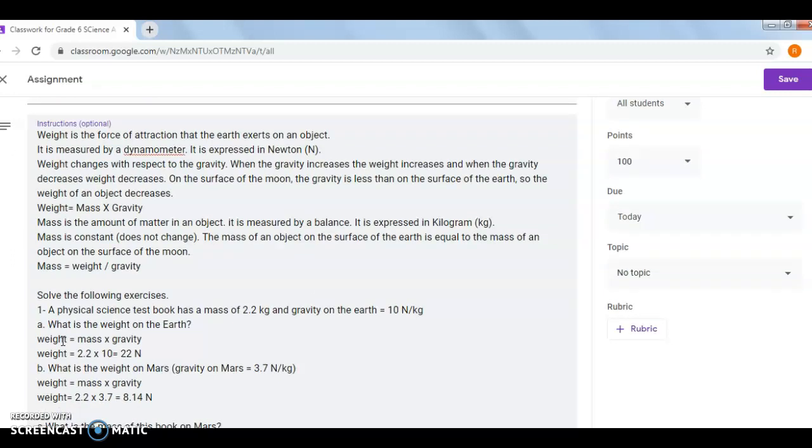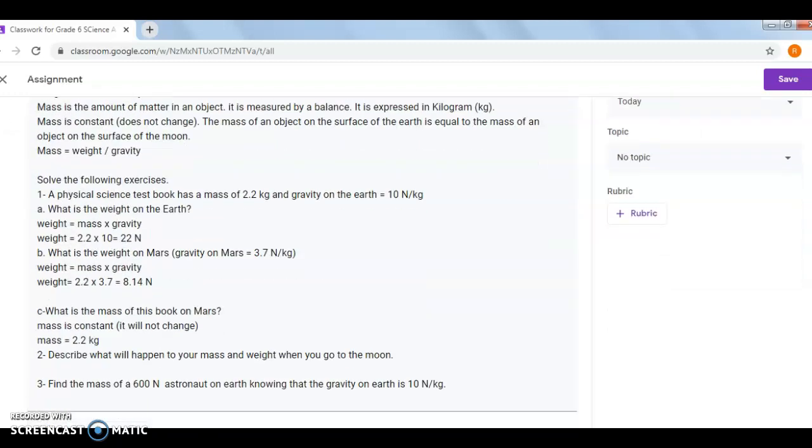So mass equals 2.2 kilograms. Okay. Describe what will happen to your mass and weight when you go to the moon. For sure, our mass will not change because our mass is constant, but our weight is going to change according to the gravity. So when we go to the moon, the amount of gravity will decrease, so our weight will decrease. Okay, I will write the answers and you will see them when you go back to Google Classroom.